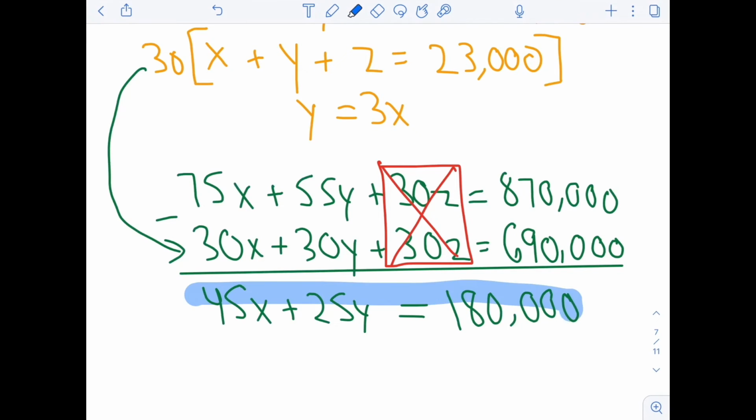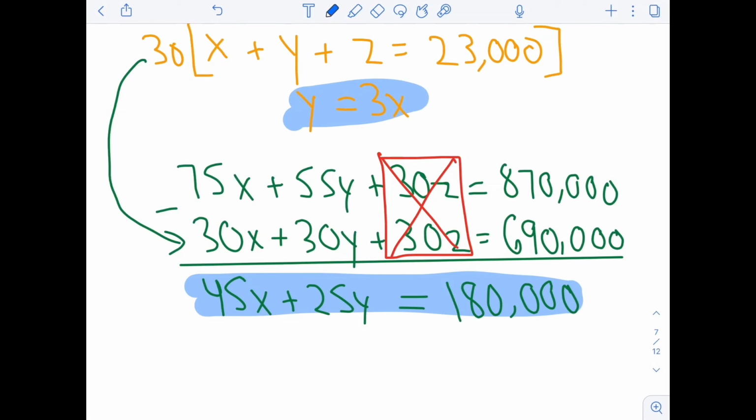Now we have two equations here and here with just y and x in them. So what I can do is, since this equation has y on its own, I can substitute 3x for y in this equation right here that we just made. So I can rewrite it like this: 45x plus 25 instead of y. Now I'm going to substitute y with 3x.